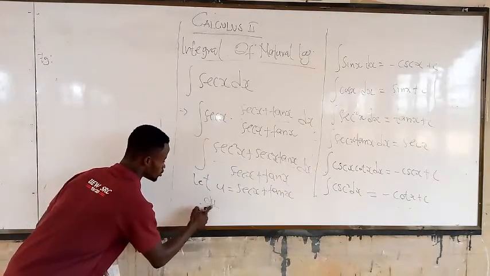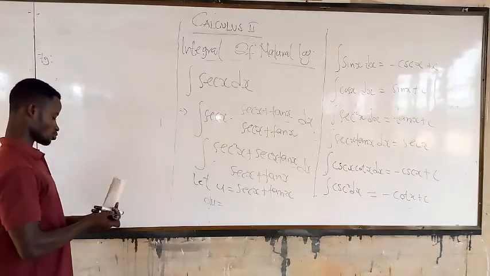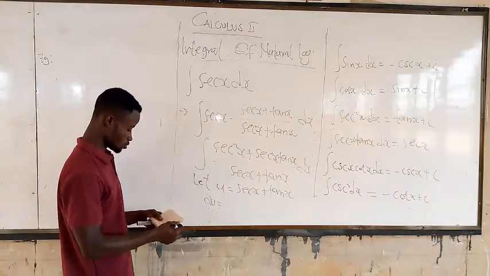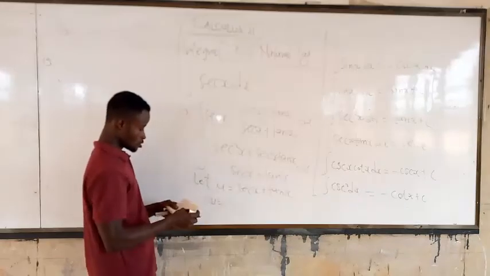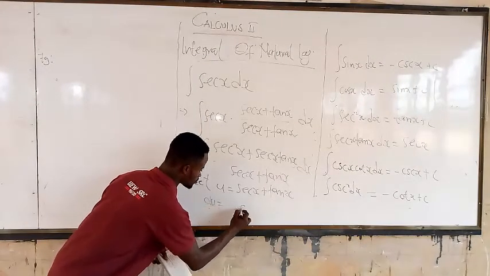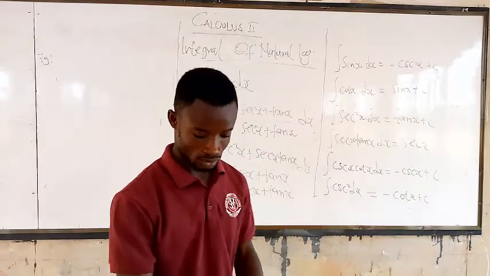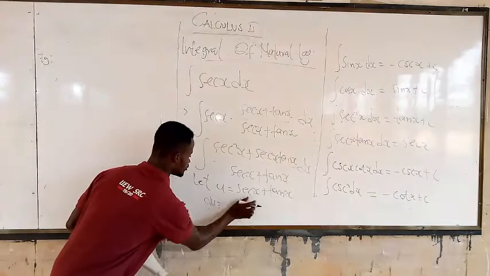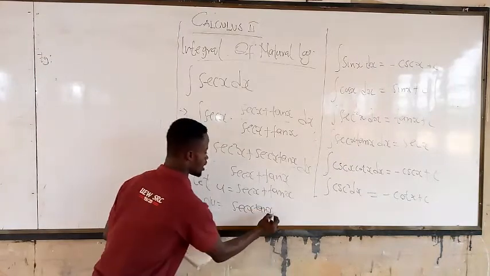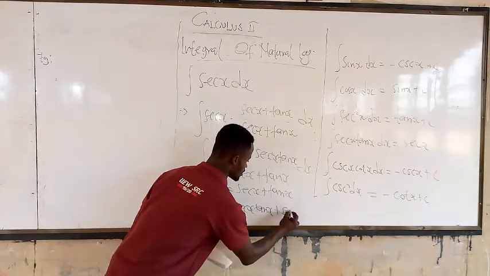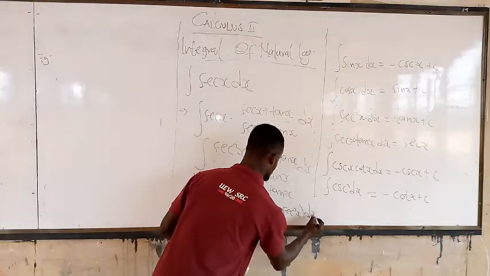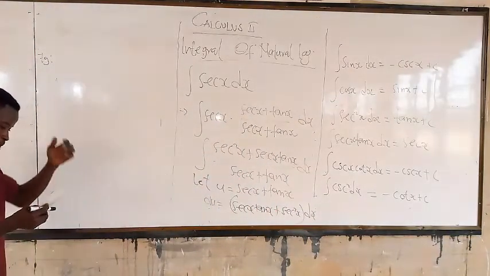So du is going to be, when you differentiate this, sec x tan x, and when you differentiate tan, sec squared s. That is what we have for that side.